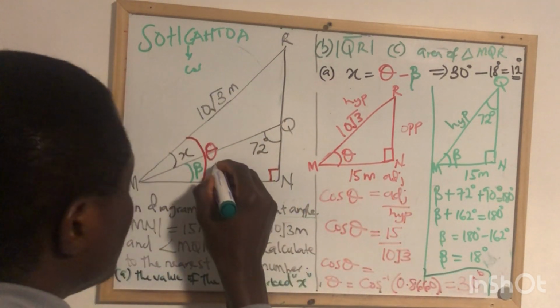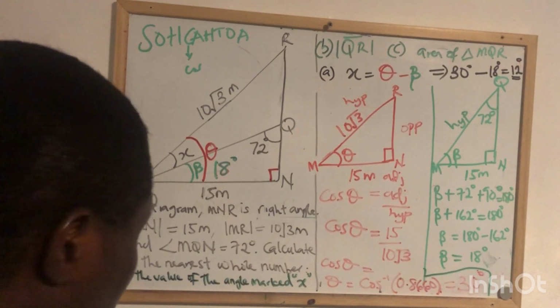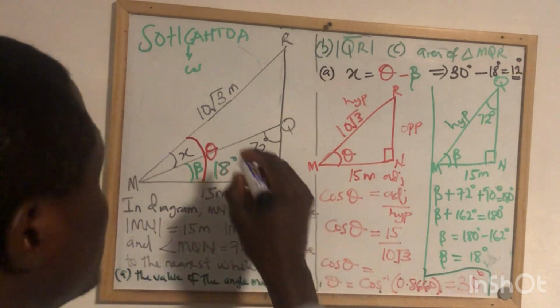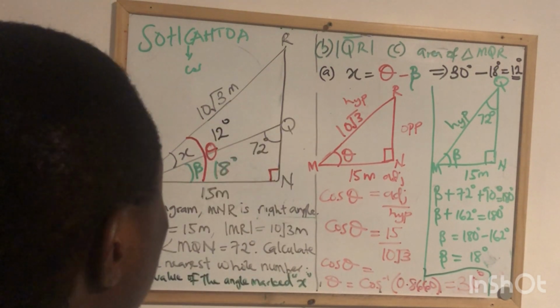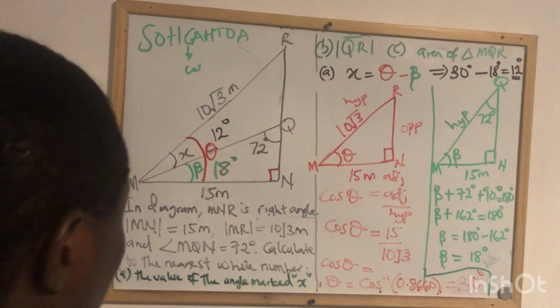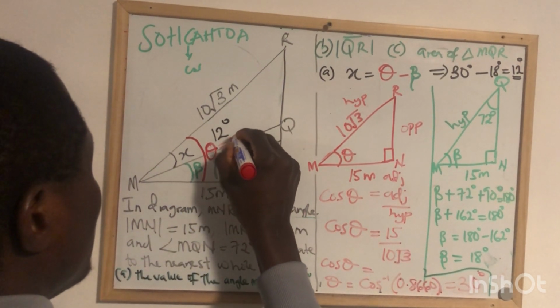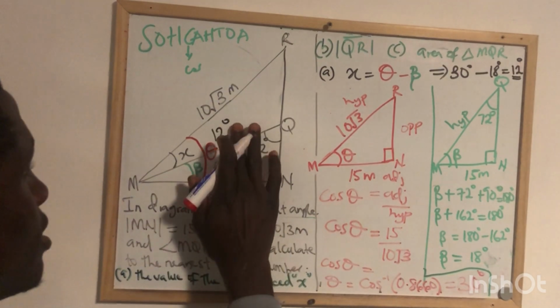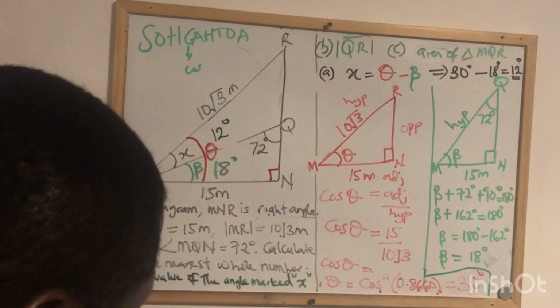Beta is 18 degrees. Then x is now 12 degrees, and the whole angle here is 30. Theta itself is 30 degrees, because when you add them together it's 30. So take note of that.